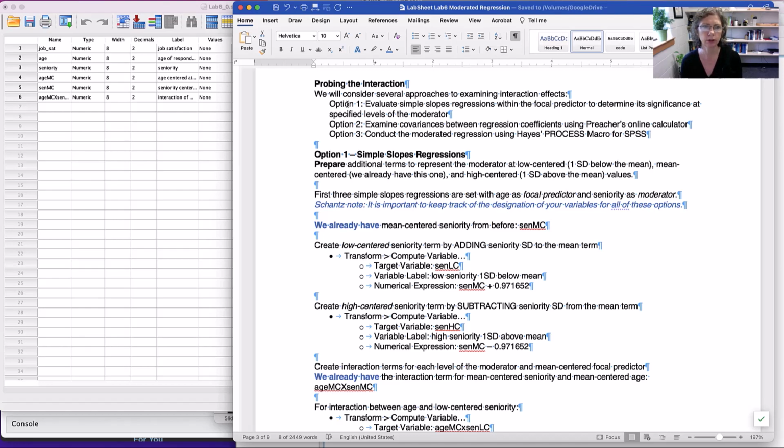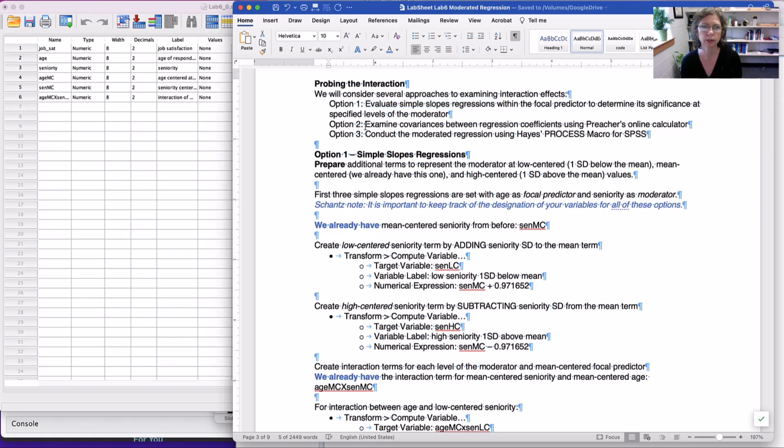So for option 1, we're going to evaluate simple slopes, and our focus is on the focal predictor to determine if it's still a significant predictor of the outcome at 3 different specified levels of the moderator. That's the one we looked at in the lecture.